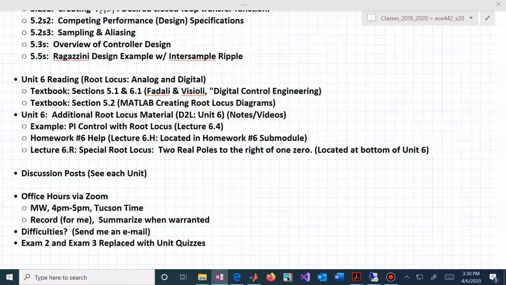The first 3 of those will be covered in Unit 6 as we work through proportional and PI controller designs. For the textbook for the course, you can find this material on the root locus in sections 1 in chapters 5 and 6. Chapter 5 deals with analog root locus. Chapter 6, digital, but the rules for sketching the root locus are the same for analog and digital.